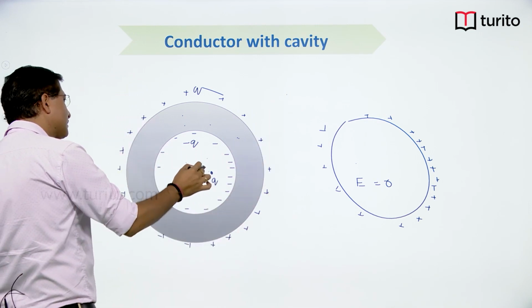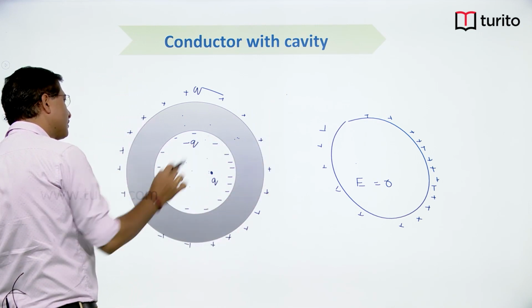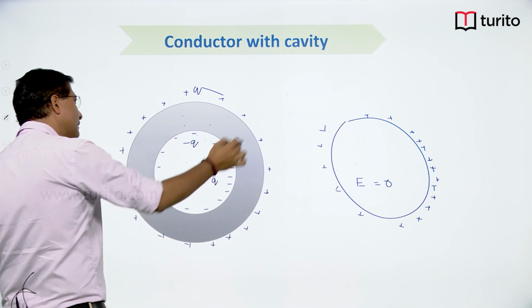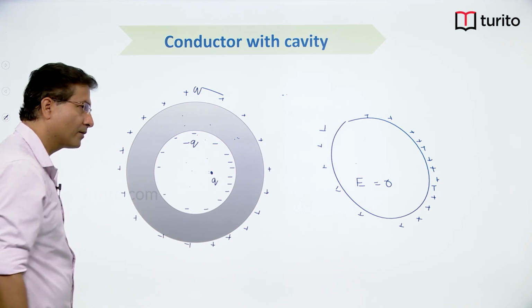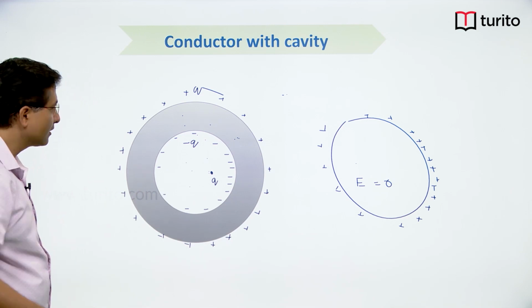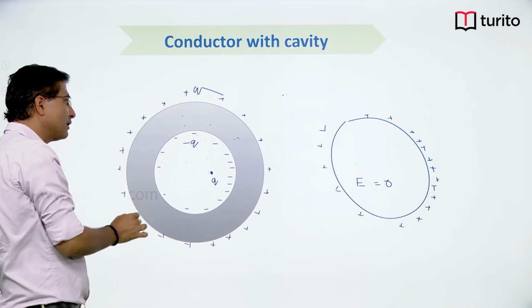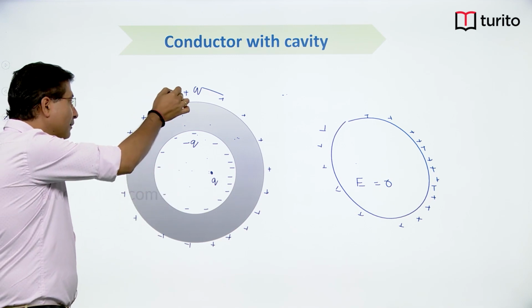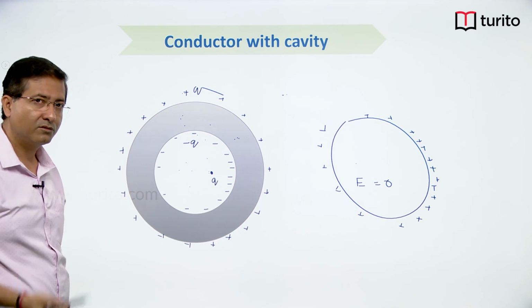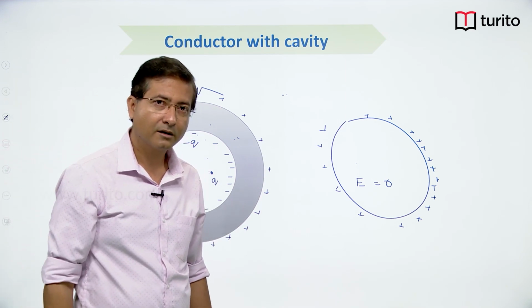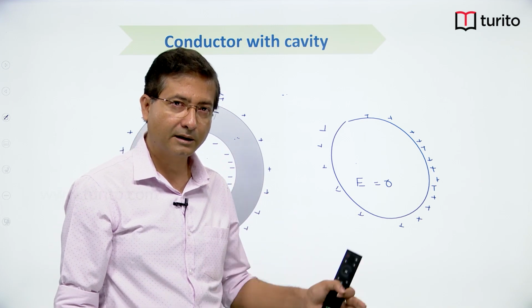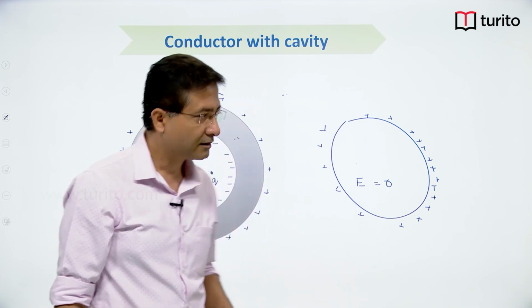So if I ask what is the field created by these two at this particular point, 0. Field created by this one at this particular point, 0, right. And this is valid for any shape conductor that we will see later.